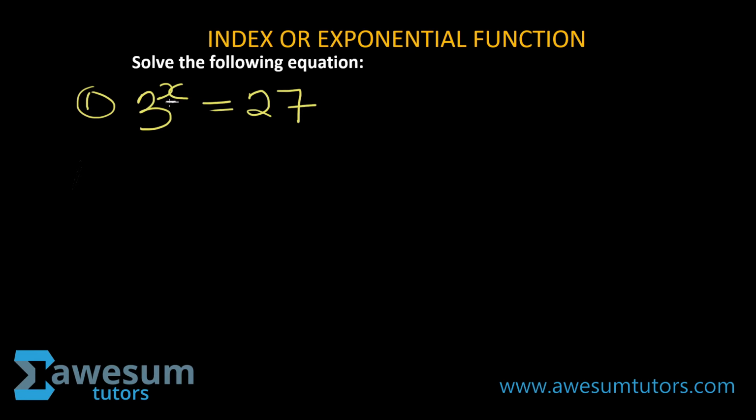So if you look at this right now, the unknown is x. It is the power of 3. In some other examples we are going to also be looking at, this unknown can be the base, okay? But in this case, this unknown is the power. We are trying to find x.